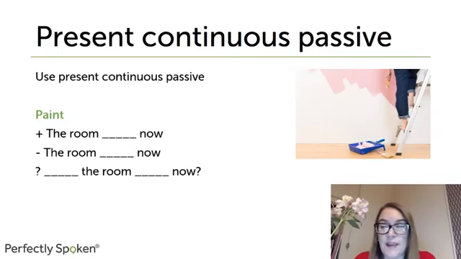The verb is paint. I'd like you to make a positive, the room now, a negative, the room now, and a question, the room now, using present continuous passive and the verb paint. So pause the slide and write down 3 sentences.